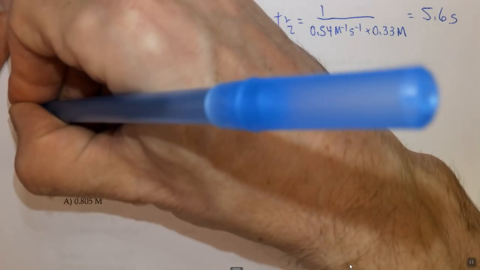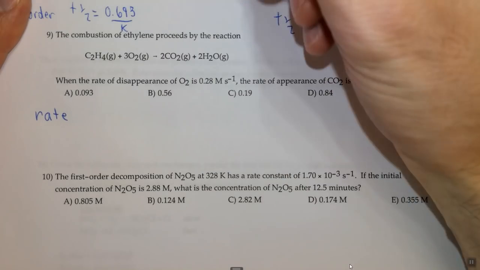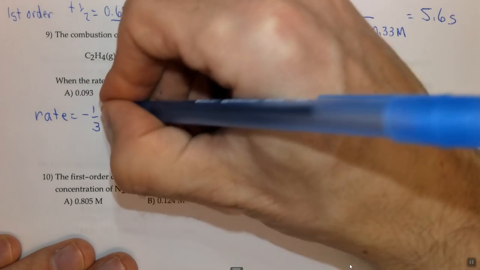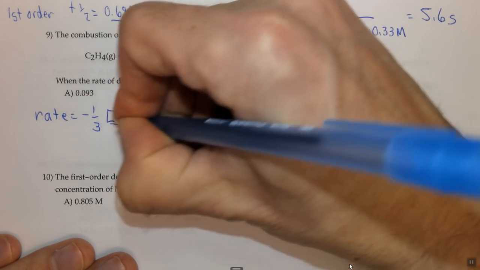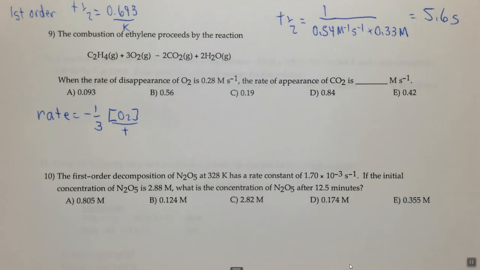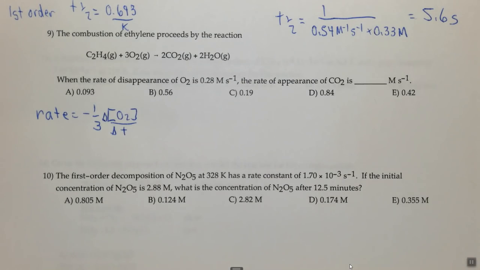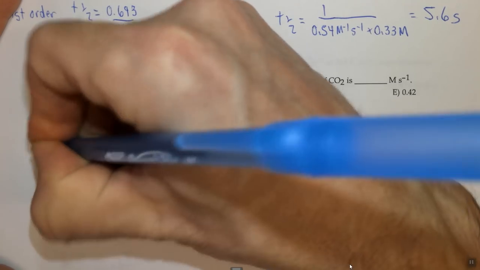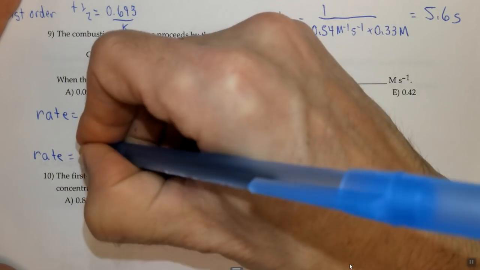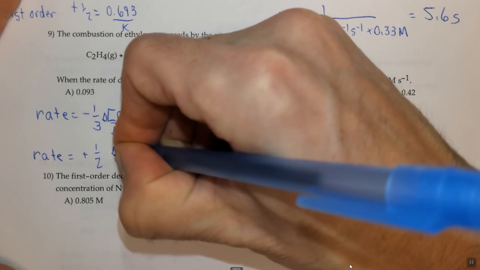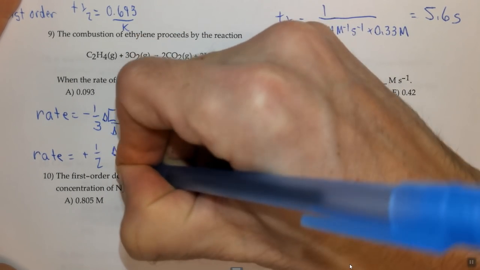So with respect to oxygen, the rate equals negative 1 over 3 delta concentration of O2 over delta T. And for the rate of appearance of CO2, the rate equals positive 1 over 2, because there's a 2 here, delta concentration of CO2 over delta T.